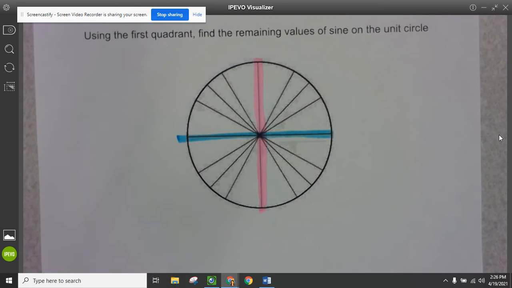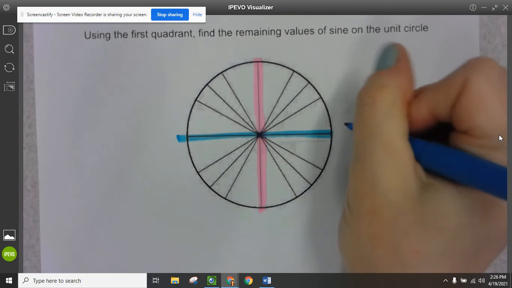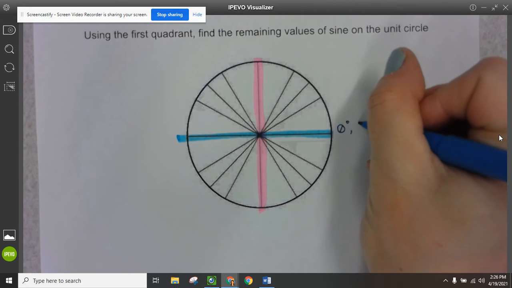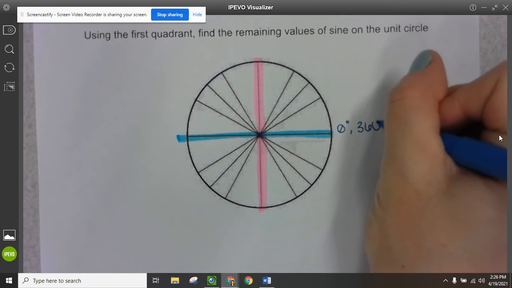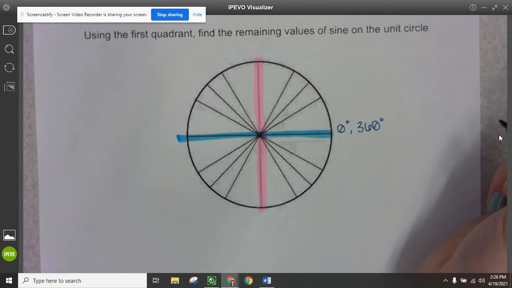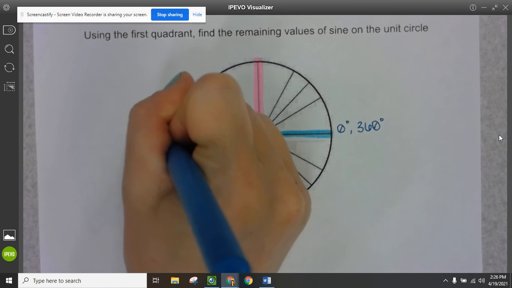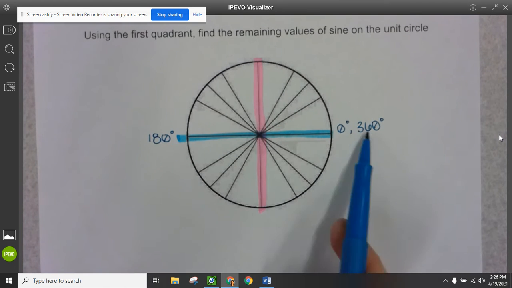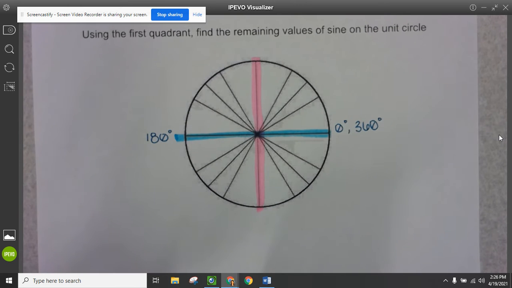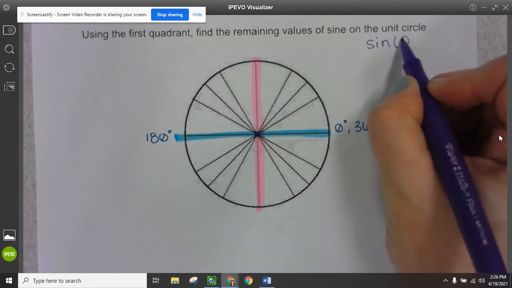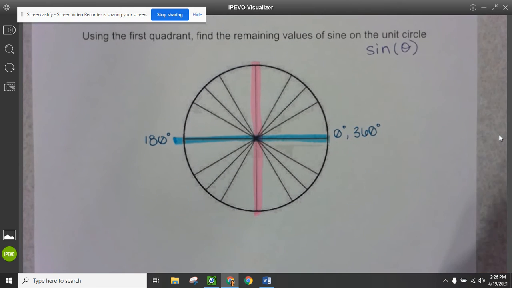All right, so this is 0 degrees as well as 360 degrees. And then that relates to 180 degrees when I reflect it. So now in purple, I'm going to do the sine of whatever degree I'm dealing with.